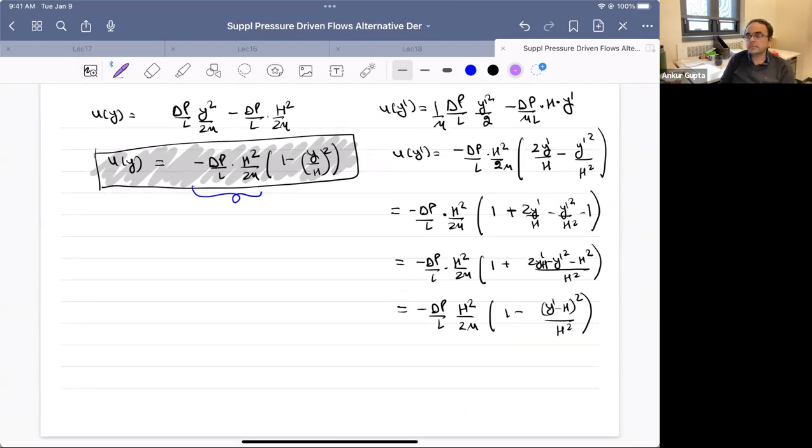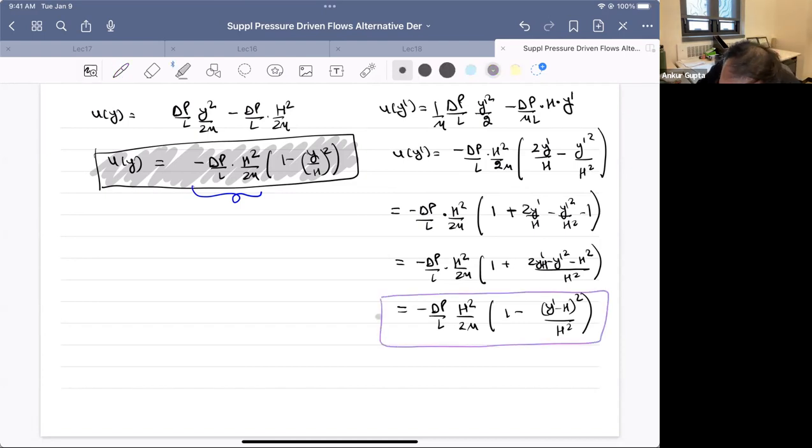So it's 2y prime by h minus y prime square by h square. And so it's the same answer. I've just moved the axes and I get to the same point. So essentially, it does not matter what coordinate frame you choose. Ultimately, the solutions have to be equivalent, and if you plot them on an absolute scale, they have to be the same. It's just your coordinate choice.